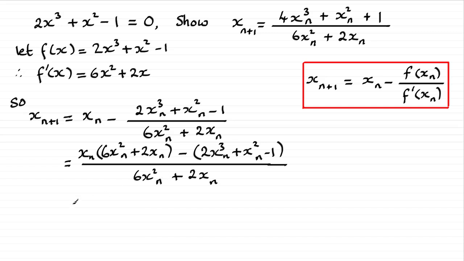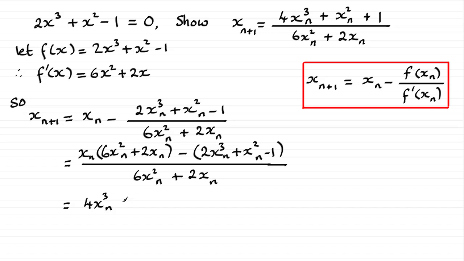And now all I need to do is expand our brackets and group up terms. You can see here we've got 6x cubed with a subscript n minus the 2x cubed there. So that's going to leave me with 4x cubed with the subscript n. And then here we've got 2x squared, minus the x squared here.